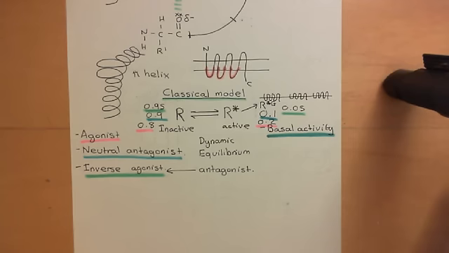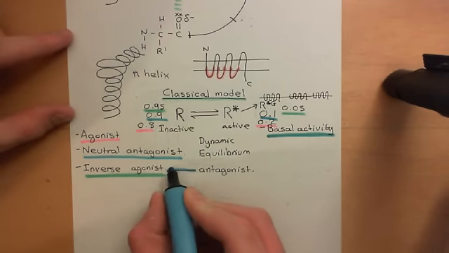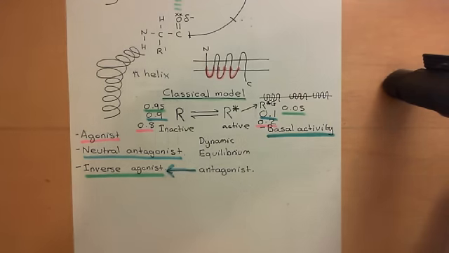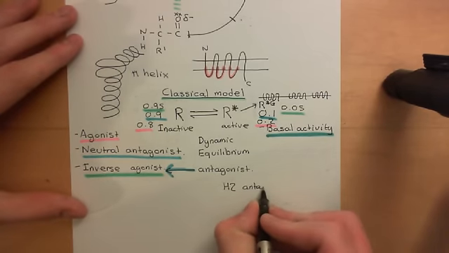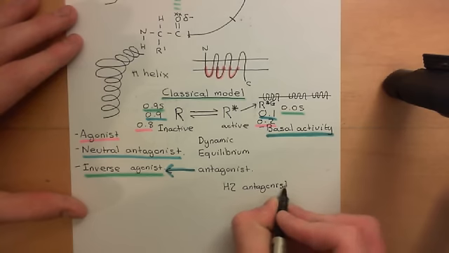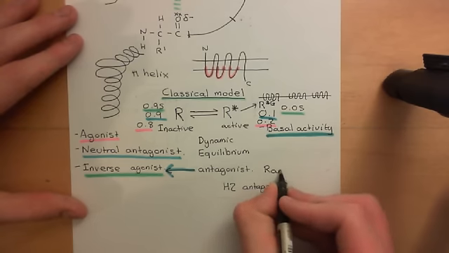Okay, even though it's conceptually easier to think of them as neutral antagonists, and that becomes important when thinking about the side effects of certain drugs, notably the H2 antagonists that are used to control stomach acid levels, okay, in the treatment of gastric ulcers and things like that. We think of those as neutral antagonists. They are H2 antagonists, drugs like ranitidine, for instance.